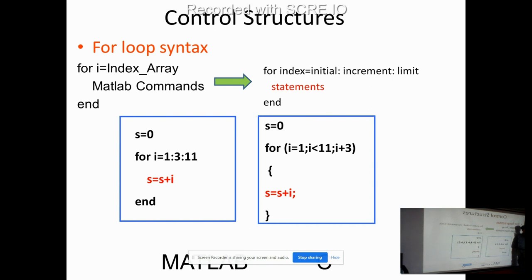That means 4 numbers have come for I, so this loop will be executed 4 times, and whatever statements you write will be executed. The logic is the same; only the syntax is different.